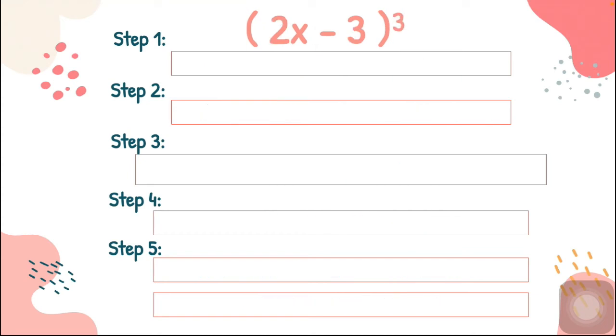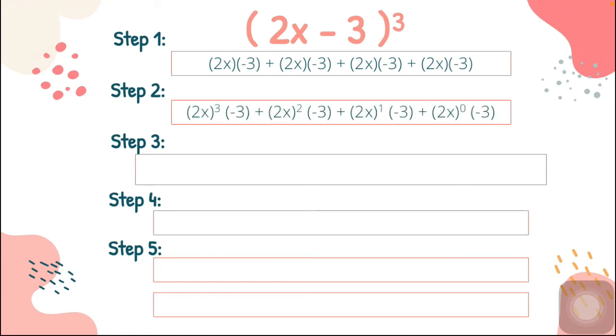So, next example is 2x minus 3 cubed. So, ganun lang ulit. 3 plus 1 is 4. So, 4 terms. So, 4 times natin i-multiply ang first term and second term sa isa't isa.